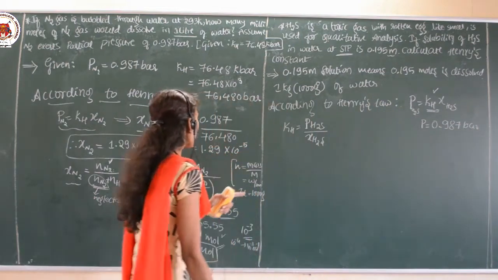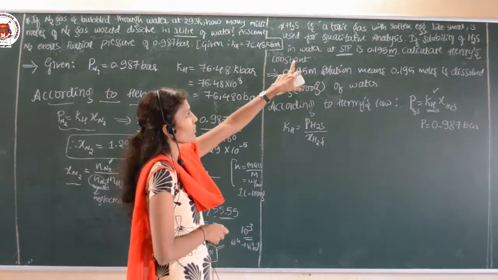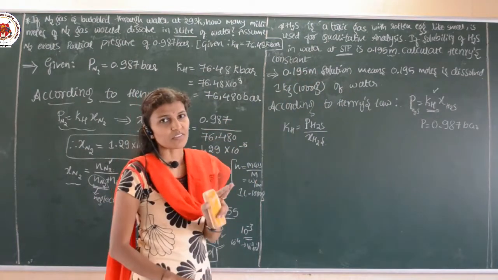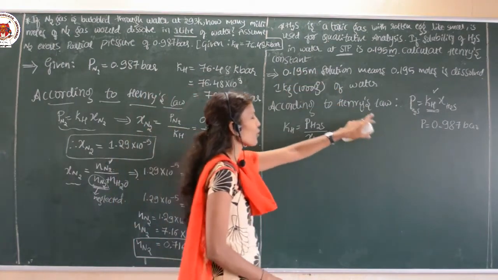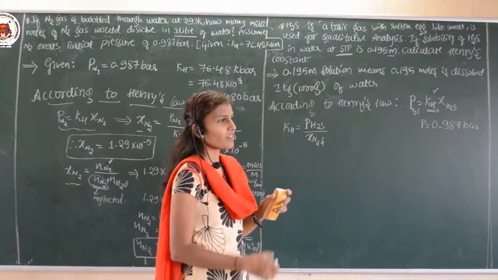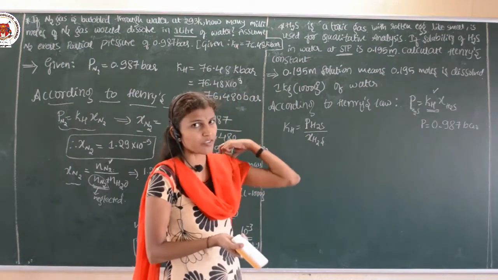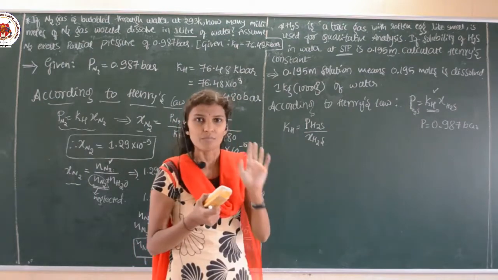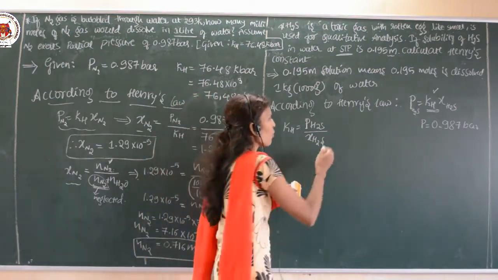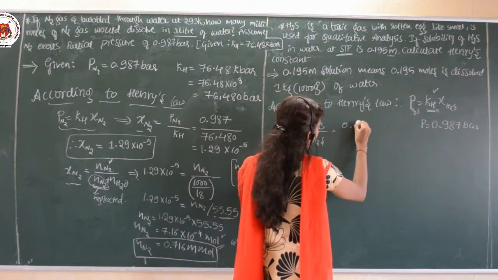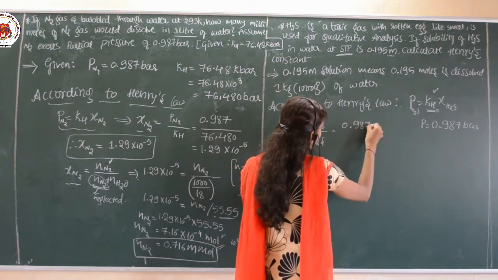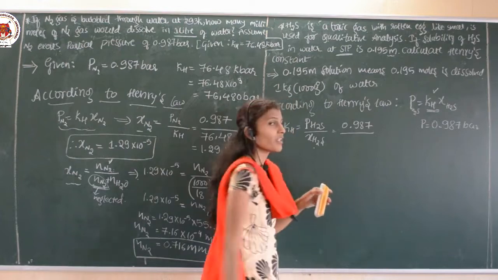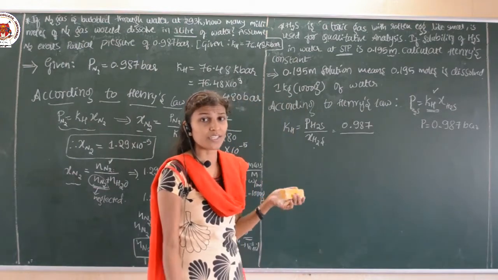Whenever they have mentioned STP as a clue, you have to take the partial pressure of the gas in the vapor phase as 0.987 bar. And then, 0.987 divided by XH2S, this one I need to calculate.